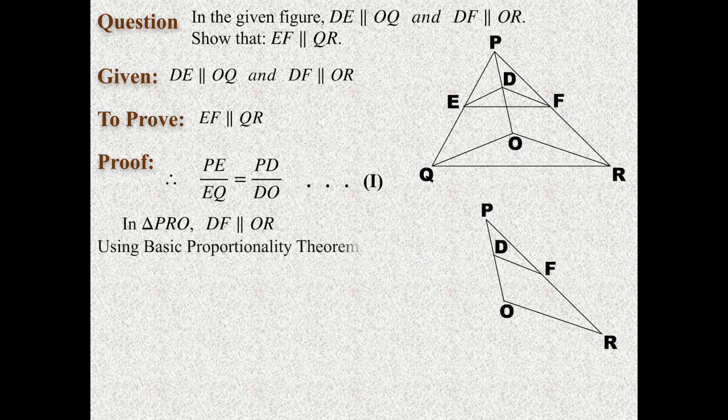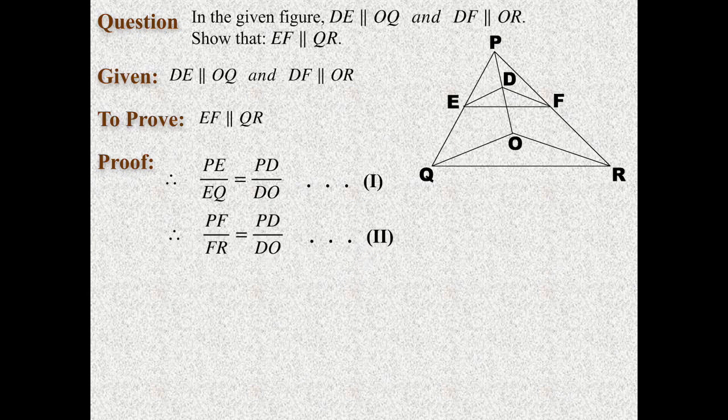So again, using the basic proportionality theorem, we can say PF upon FR is equal to PD upon DO, and call this result 2. Now if we see both results 1 and 2, the right hand side ratio is the same, PD upon DO. So from results 1 and 2 we can say PE upon EQ is equal to PF upon FR.